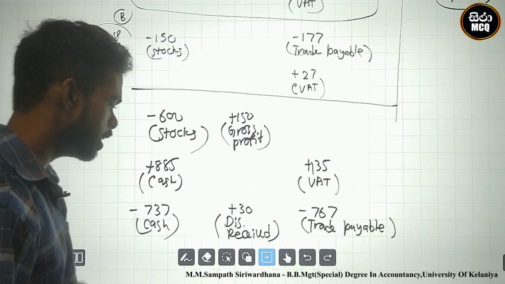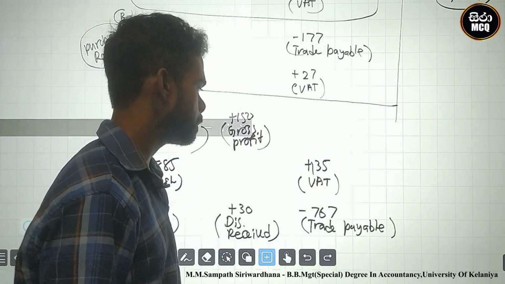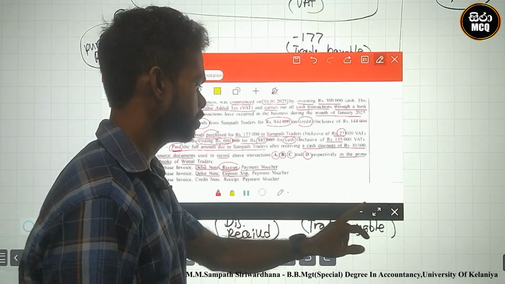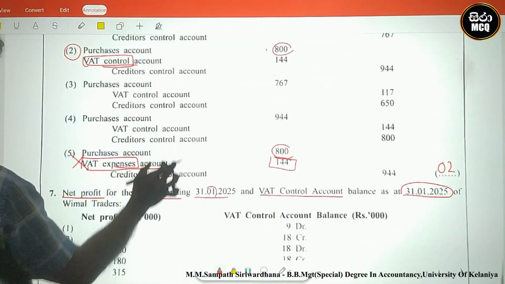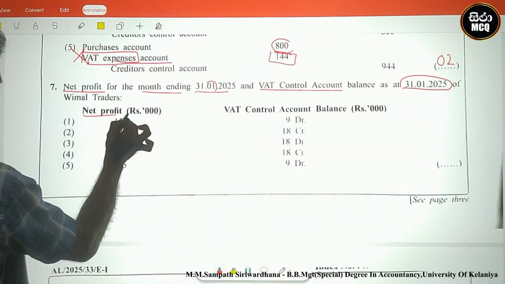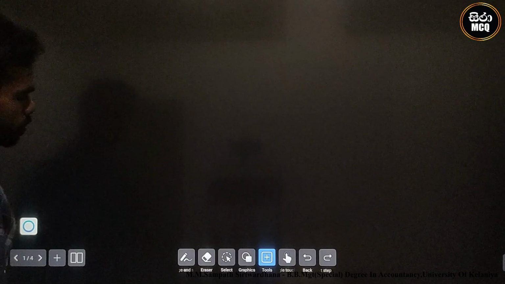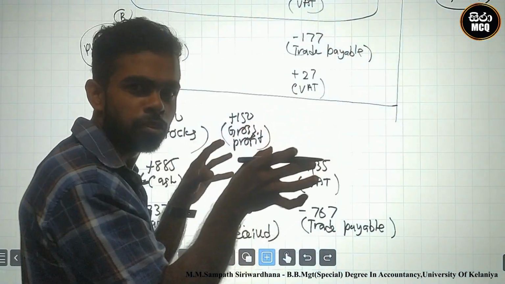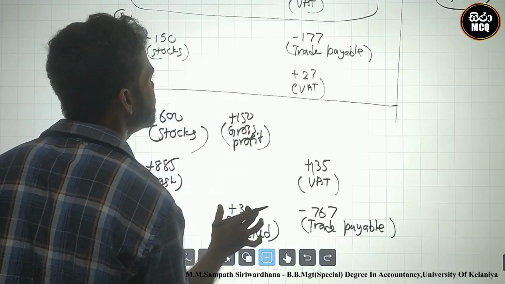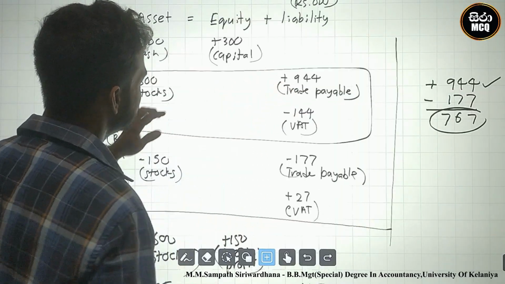Okay, after that, what is the requirement of the question? Look here, the requirement is question number 7, net profit. Based on net profit, which column is related? The equity column. Look here, equity column.